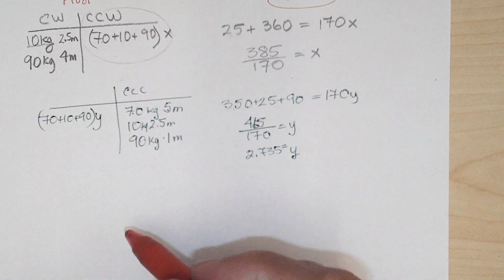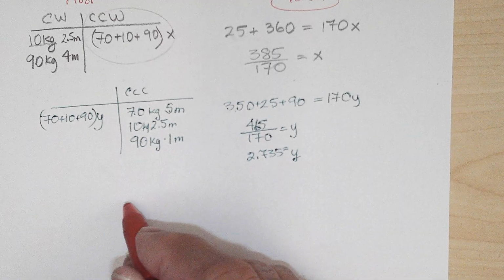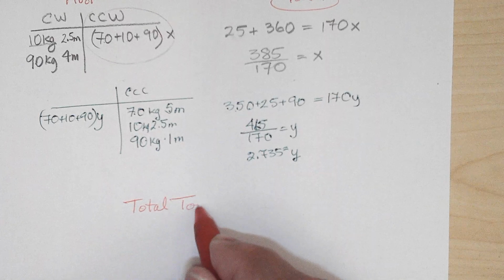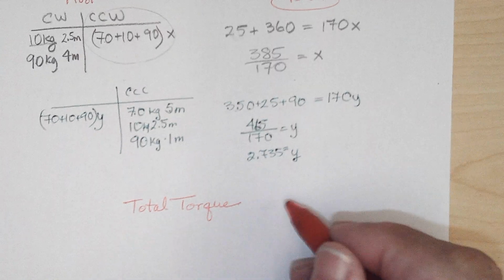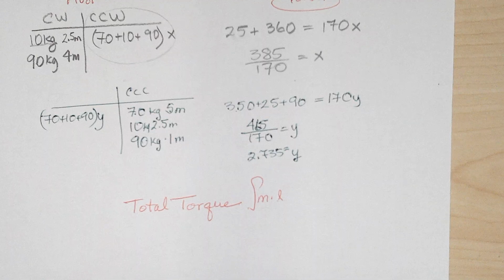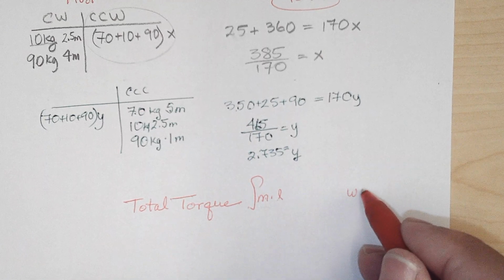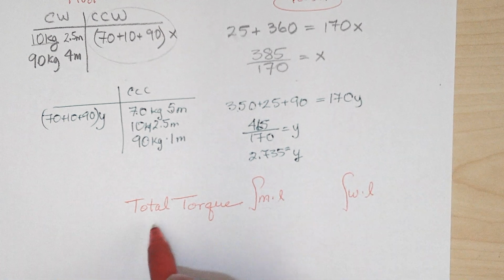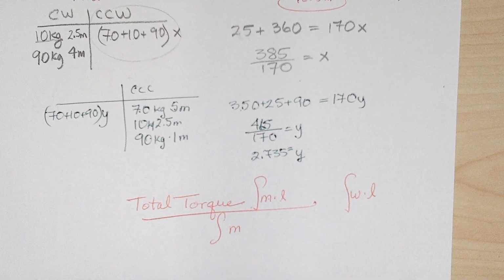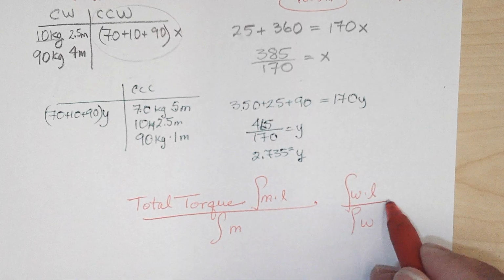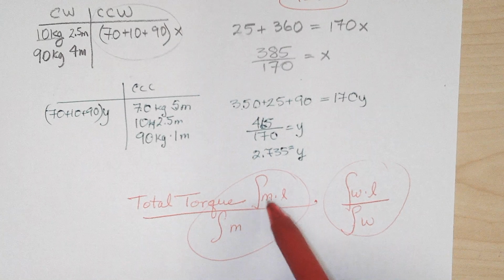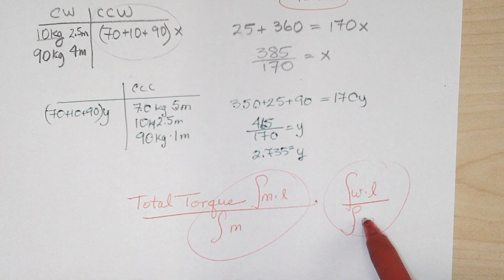So the summary, and I didn't do a good job of this in the class: if you take the total torque, which is masses times lever arms all added up, or weights times lever arms added up, divided by the total mass or total weight, you will find the center of mass. If you use weight, you're going to find the center of gravity.